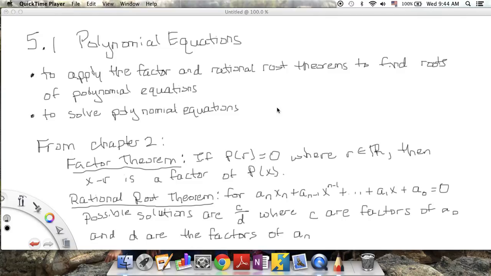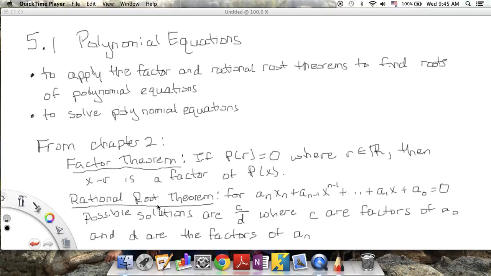In chapter 2, we learned about the factor theorem that said that if we set our polynomial equal to 0 and we get a solution r, which is a real number, then we have this factor that's x minus r.